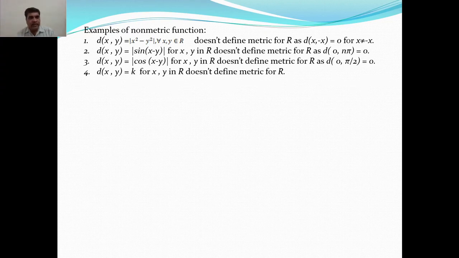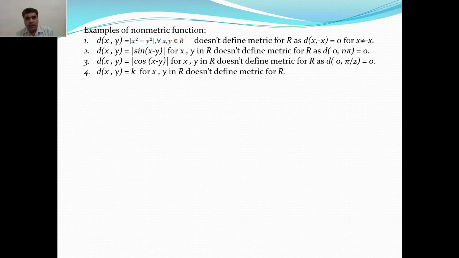On the same line, if I take d of xy equal to mod of sin of x minus y, with x and y belonging to R, or x and y complex numbers also, then d of 0 comma n pi will become mod of sin of 0 minus n pi, which is equal to mod of sin of minus n pi, which is mod of minus sin n pi, but sin n pi is 0.